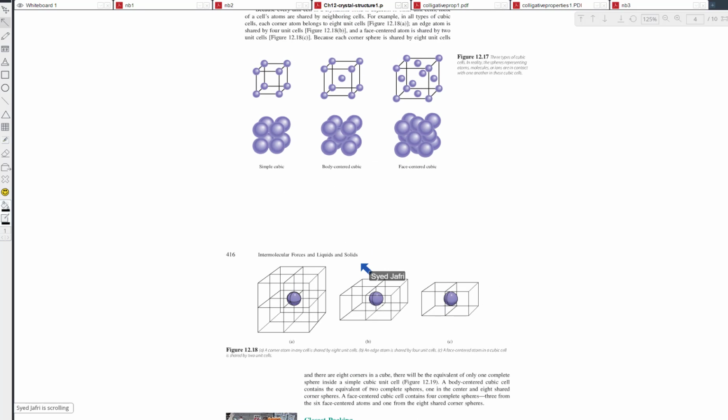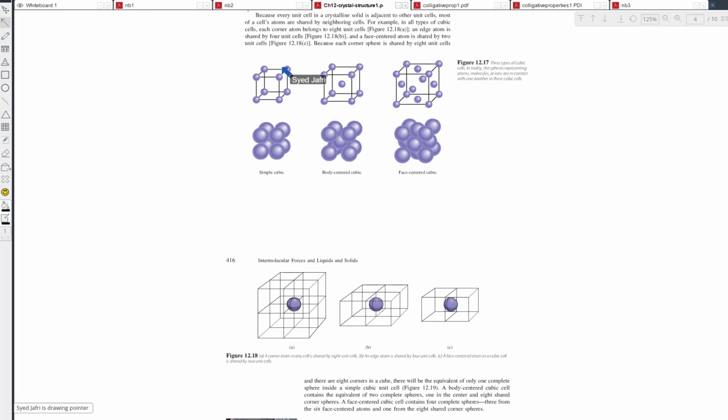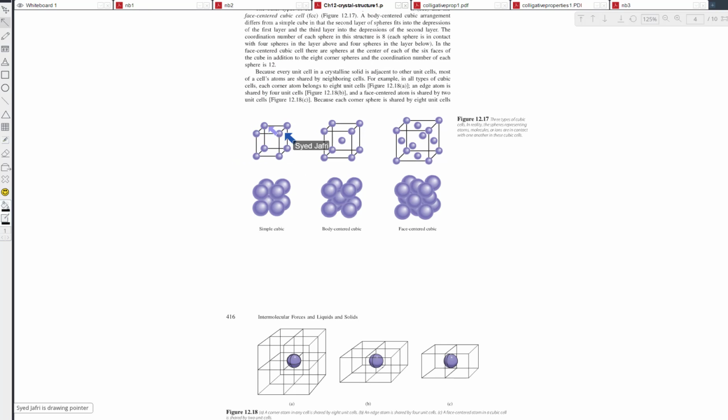How many spheres are present at the corners of the simple cube? We have 8, and each is shared by 8 other cells. So if you divide, each one is shared by 8 of them.